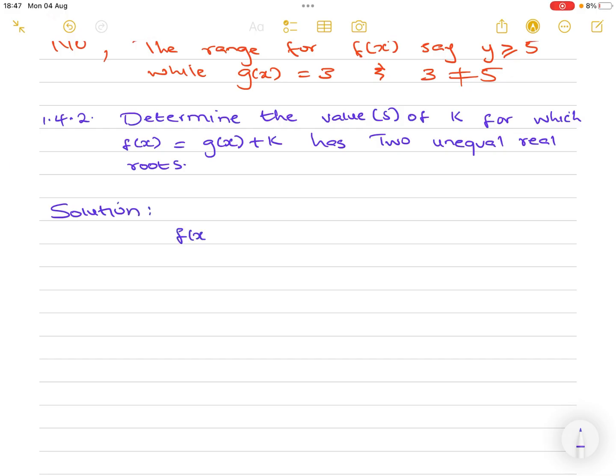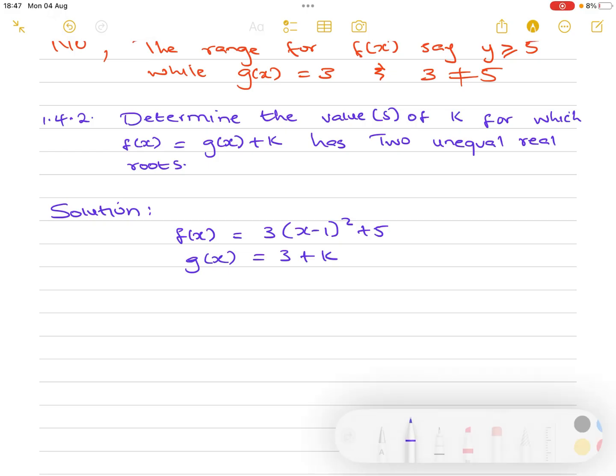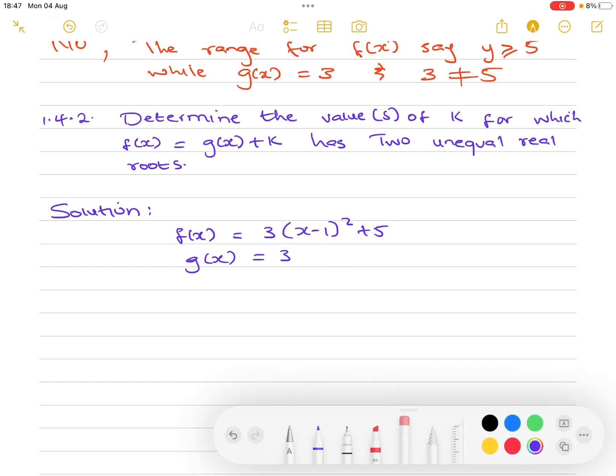We know that f(x) is equal to 3(x minus 1) squared plus 5. And we know that g(x) is equal to 3. Do not confuse the two.